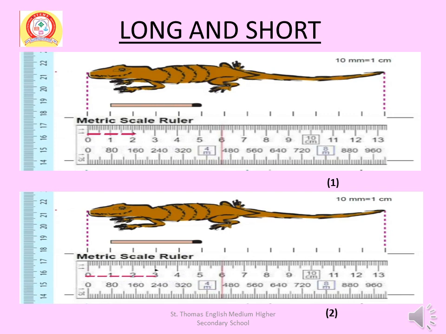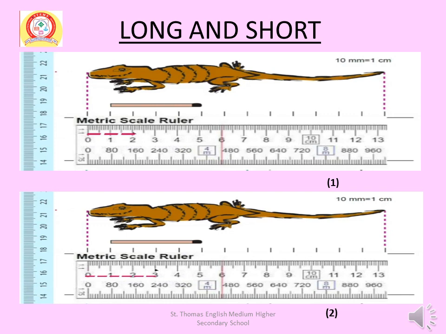Here the tip of the tail aligns with the mark 13 of the ruler. So how many divisions are there on the ruler between 0 and 13? There are 13 divisions. So the length of the lizard is 13 centimeters.